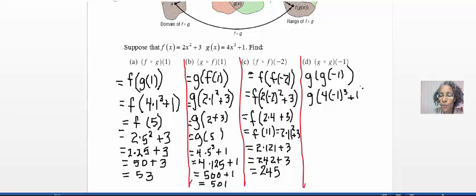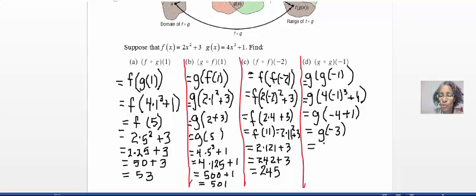And I add 1 in order to write that correctly. So I have g of 4 times negative 1. Negative 1 times negative 1 times negative 1 is negative 1. So negative 4 plus 1 equals g of negative 3.